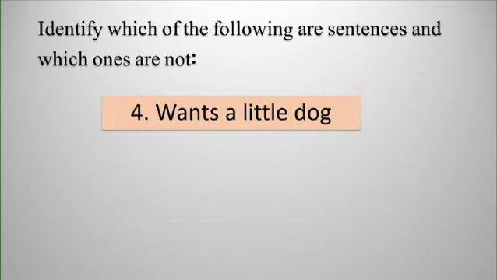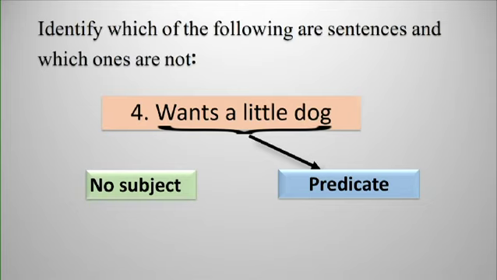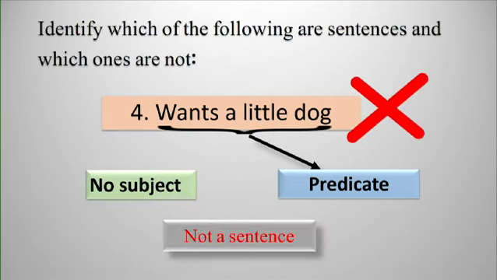Wants a little dog. Here, we do not have a subject, but only a predicate with the verb wants. This group of words does not express a complete thought, so we cannot call it a sentence.